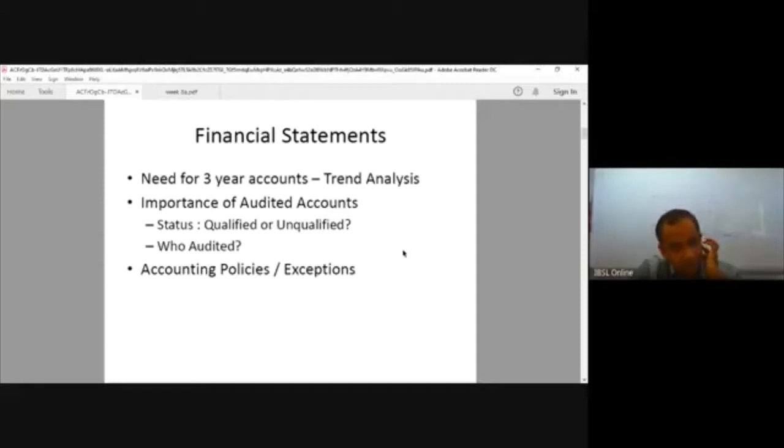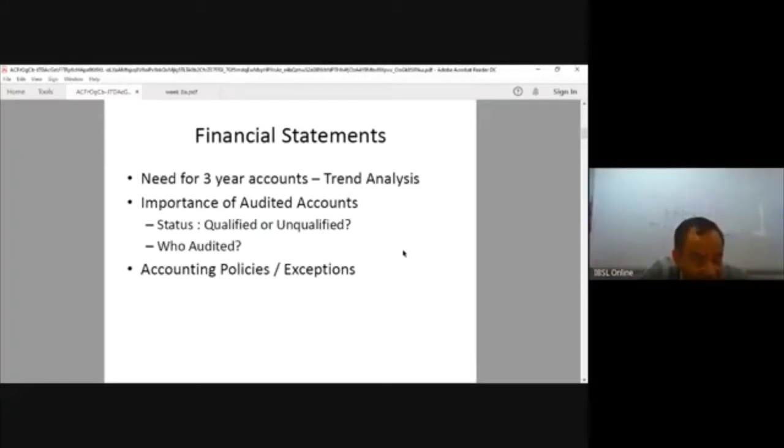If they feel that there is a particular compelling reason, that the accounting policy is not properly followed, then they can qualify the accounts. That's what we call qualify.